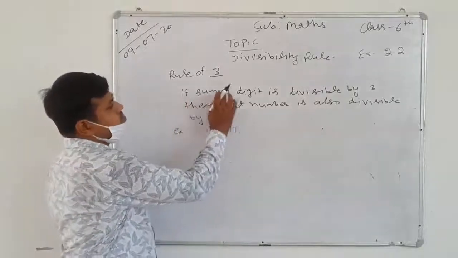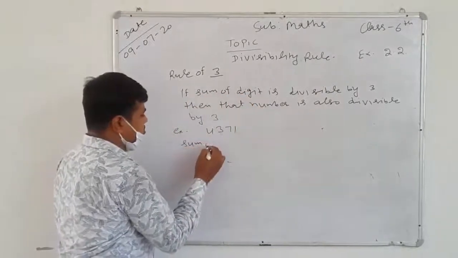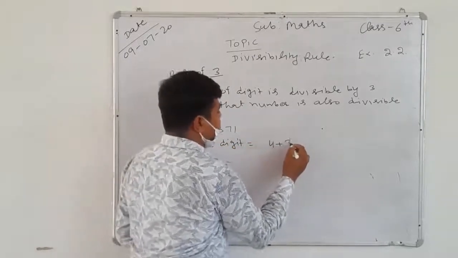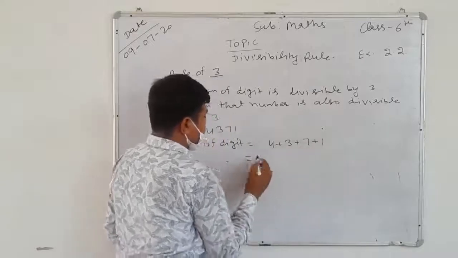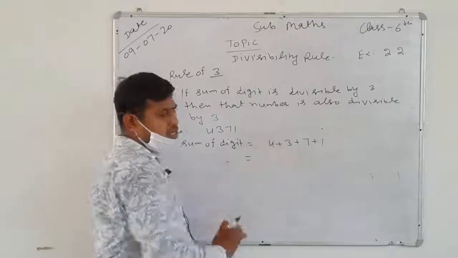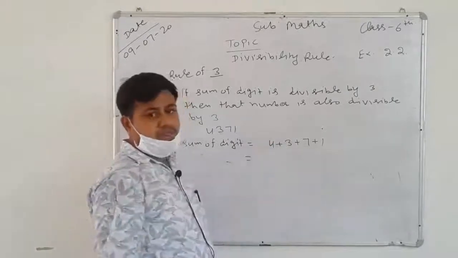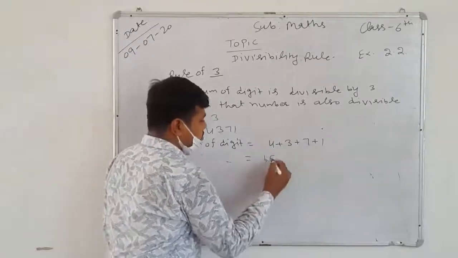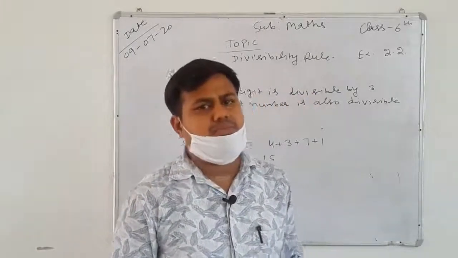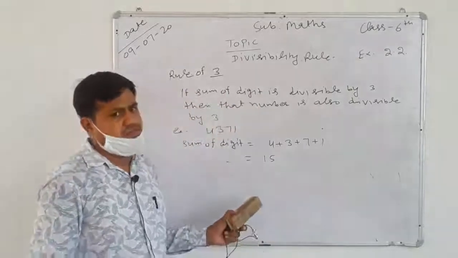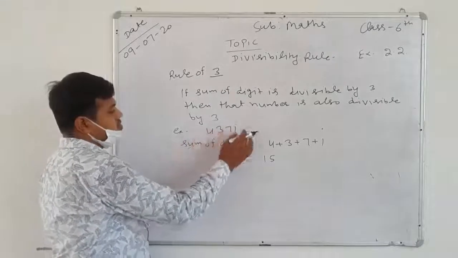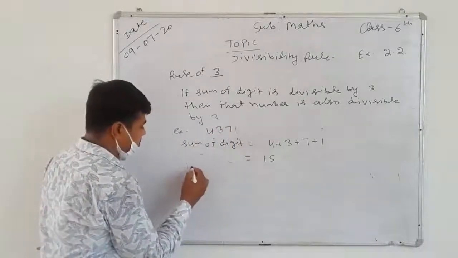So we have to find the sum of the digits. Firstly, we find the sum of digits: 4 plus 3 plus 7 plus 1. 4 plus 3 is 7, 7 plus 7 is 14, 14 plus 1 is 15. And we know that 15 is divisible by 3 because 3 fives are 15. 15 is divisible by 3, that's why 4371 is also divisible by 3.